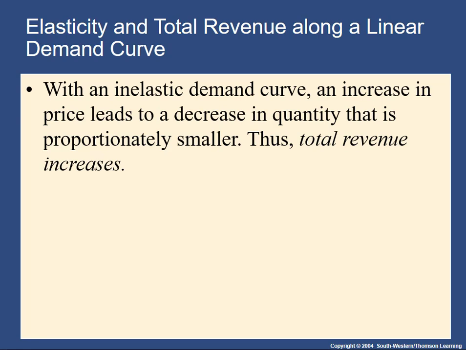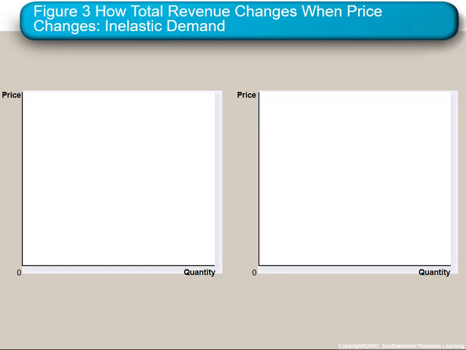Now, ultimately, we're going to be concerned about talking about the profits of a company, but profits are revenue minus costs. So let's go ahead and take a look about how we can use elasticity to interpret what will happen to total revenue. So here's a demand curve at a relatively low price.